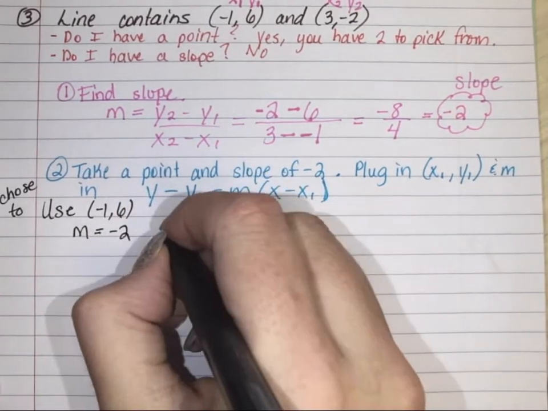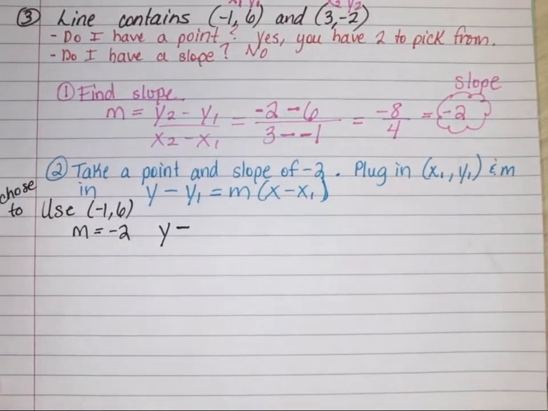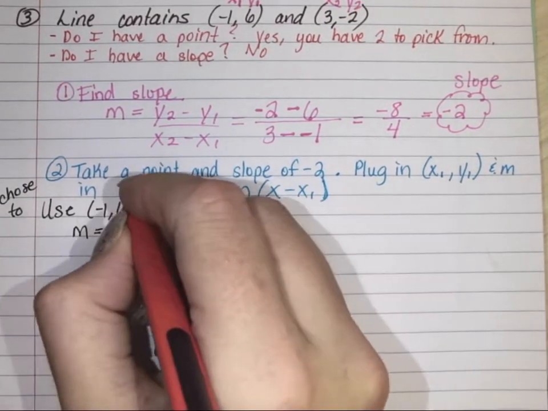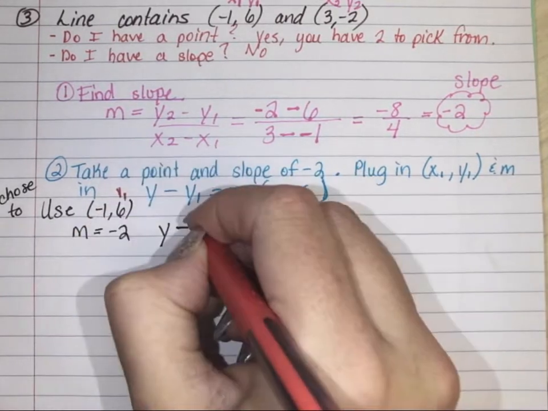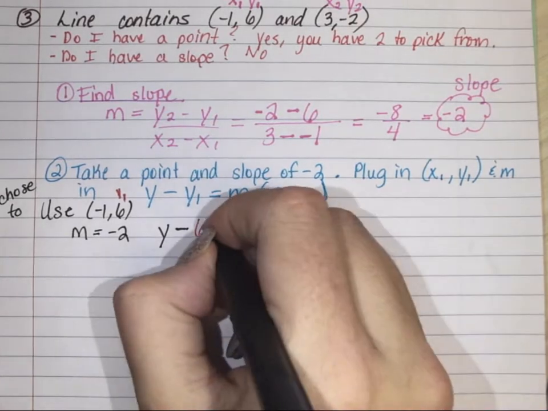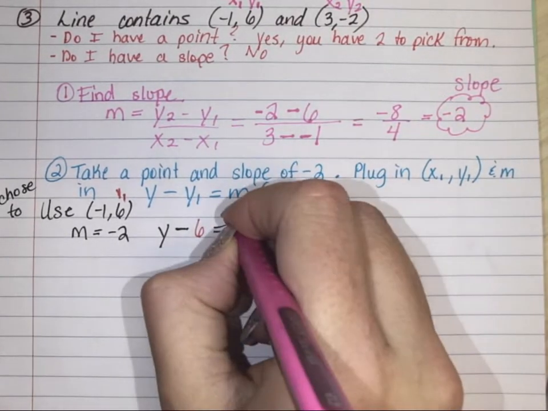So let's go through and plug in y minus, when you plug in, this is your y1, and then remember your slope was negative 2.